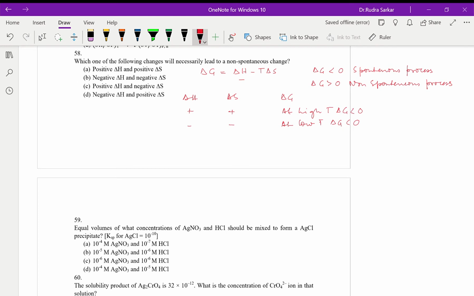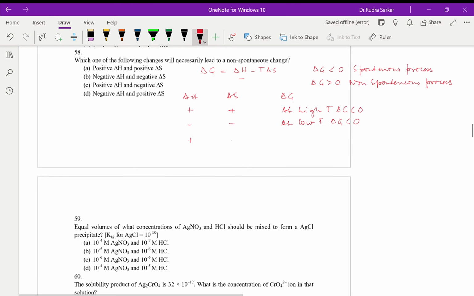For the next one, when delta H is positive and delta S is negative, at this type of situation, delta G is always going to be more than 0. So this should be our actual answer. At this condition, when H is positive and entropy is negative, it will be non-spontaneous at all temperatures.